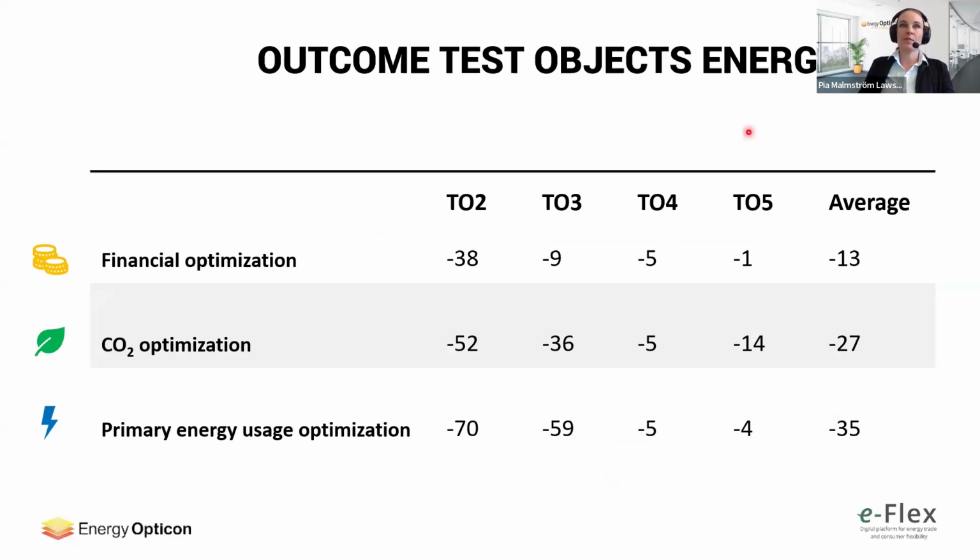And here are some outcomes from the test objects during these years that we tested them for the energy flexibility with a heat pump and cooler machine. And this is in percentage.